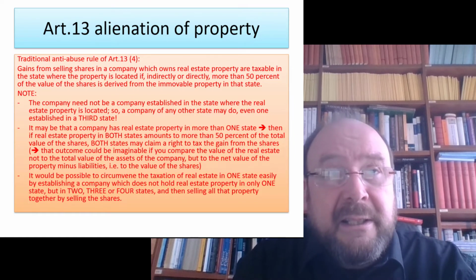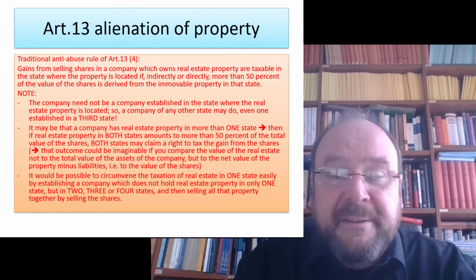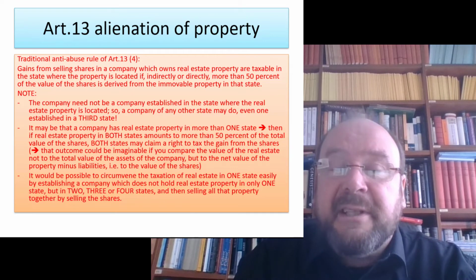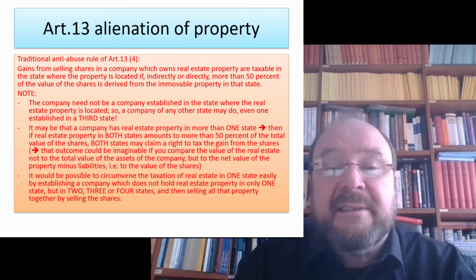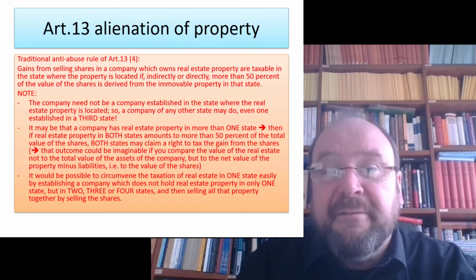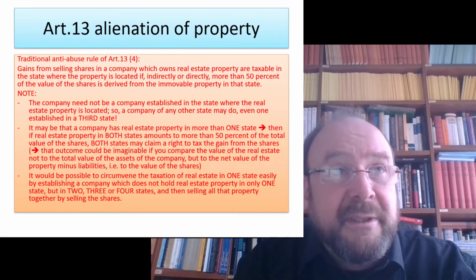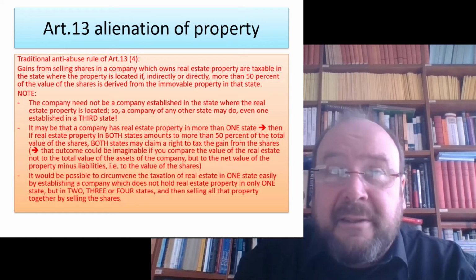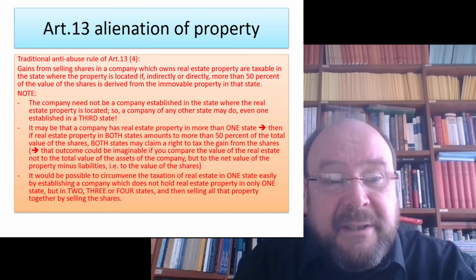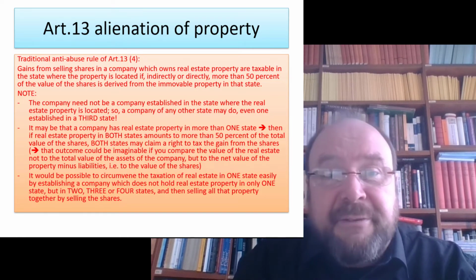Okay? And now, if you make the test, if the real estate property in state A is equivalent to more than 50% of the value of the shares, which can only be based on the net property, then you get the clear outcome: value of the shares 100,000, value of the house 500,000.